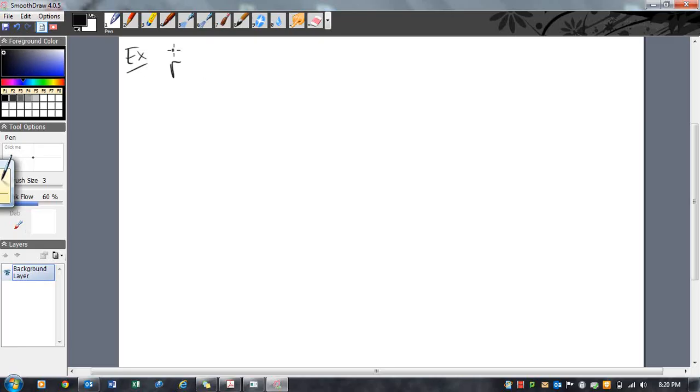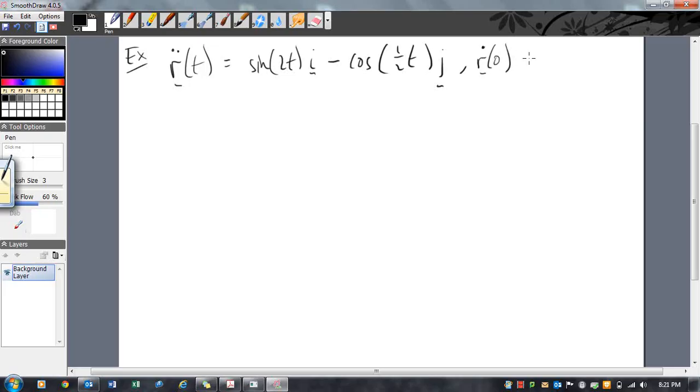So let's go: r double dot of t is equal to sine 2t i minus cos half t j, and we're also told that r dot of 0 equals negative half i, and also that r of 0, no dot, is equal to 4j.